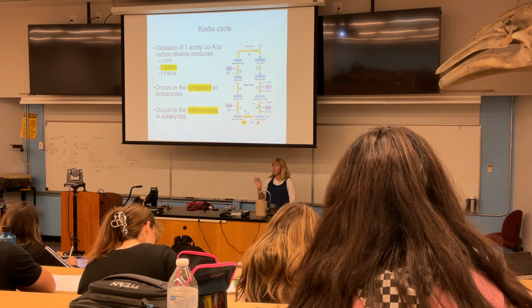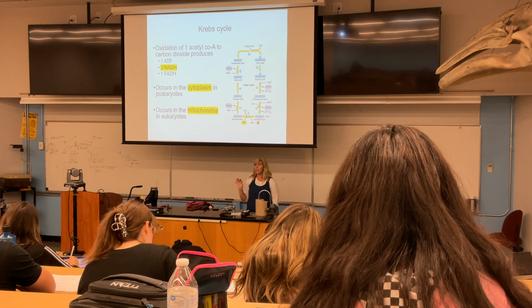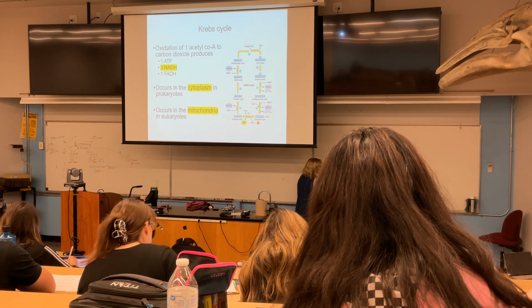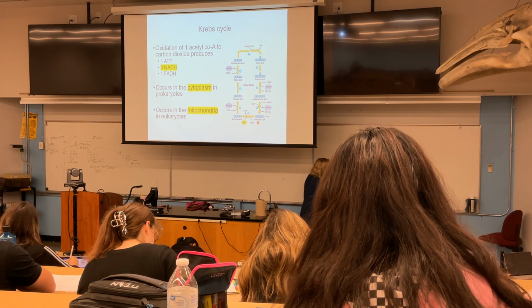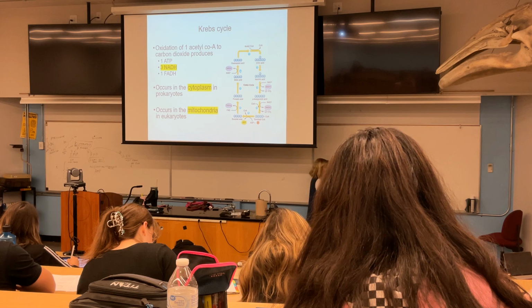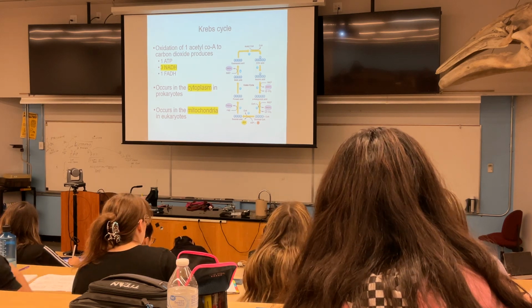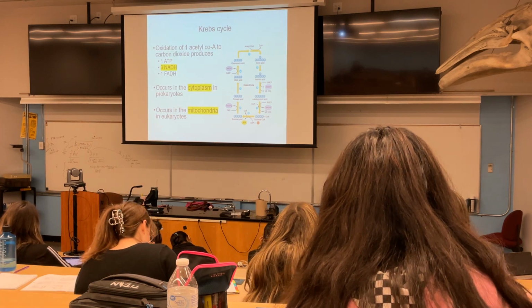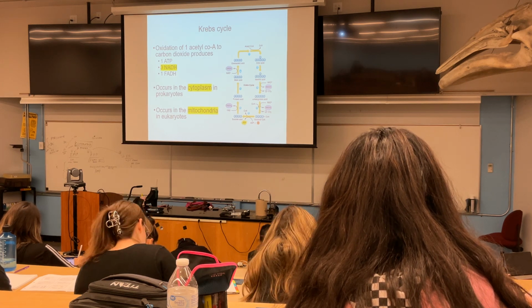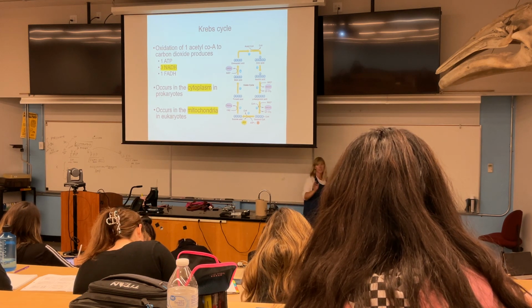So on an exam, you want to make sure, is the question asking per acetyl-CoA? Because if I say per acetyl-CoA, what is my total? 1 ATP, 3 NADHs, and 1 FADH2. That's per acetyl-CoA.